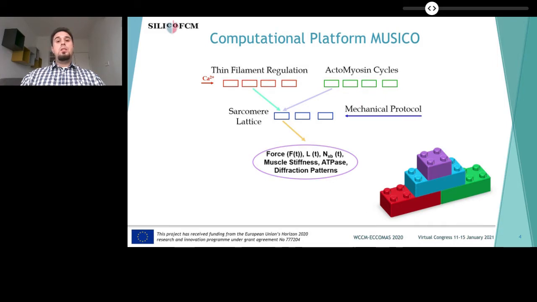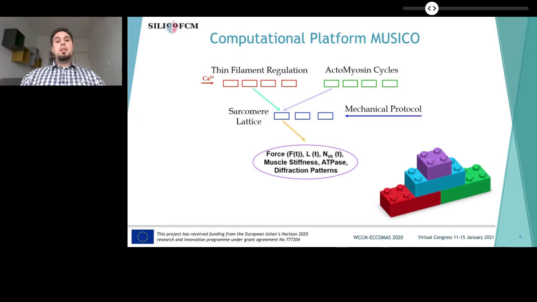It contains various thin filament regulations, actomyosin cycles, explicit 3D geometry of sarcomere, and incorporates spatially randomly distributed mixture of myosin isoforms and structural features specific for each of the species. This all makes Musico platform well suited to be used as a tool to translate data between mice and humans.